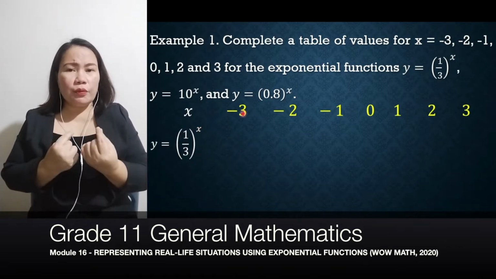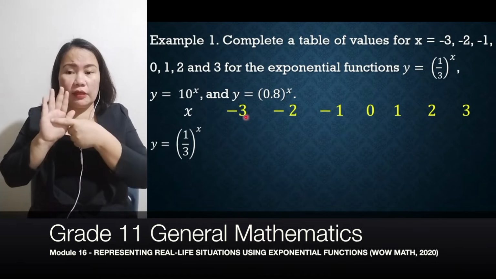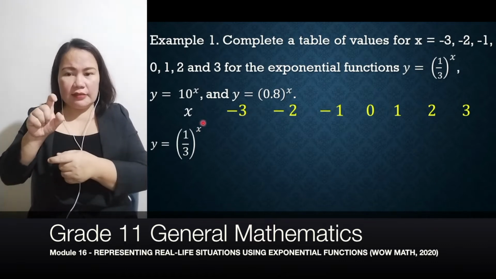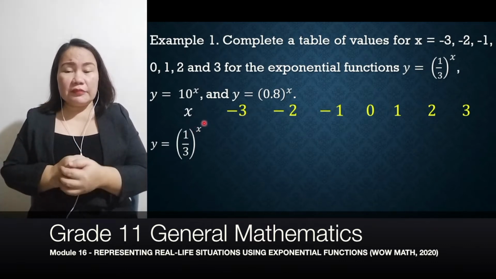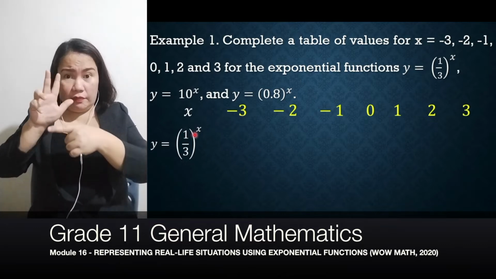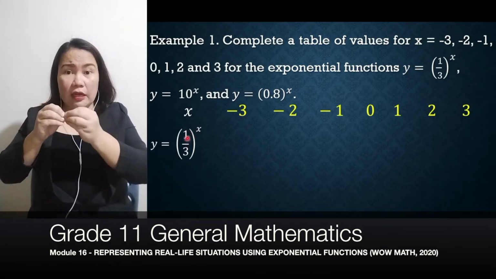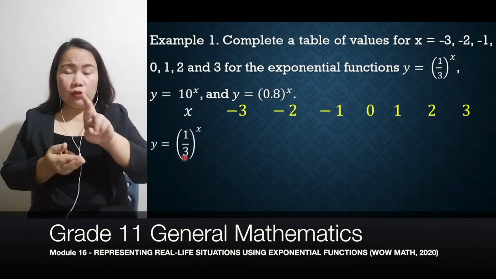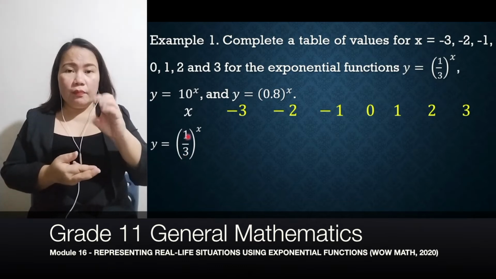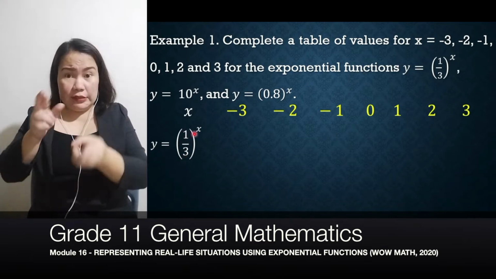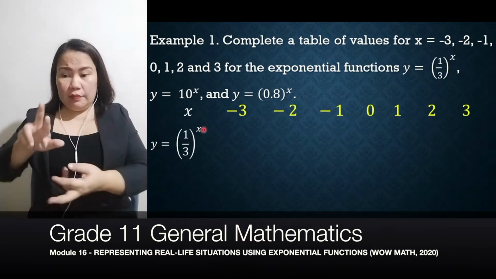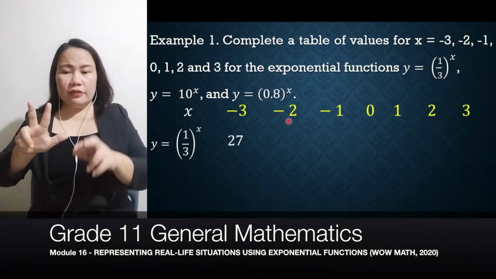So, ang gagawin lang natin, substitute lang natin si negative 3 in our x. So, kapag ang exponent natin ay negative numbers, so gagawin nyo lang, reciprocal lang nito, kunin nyo lang yung reciprocal nito. So, magiging ano yan? 3/1. So, 3 raised to 3, that is 27. So, same process kay negative 2.